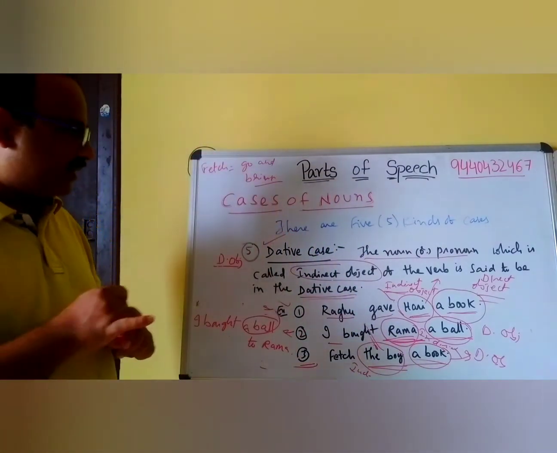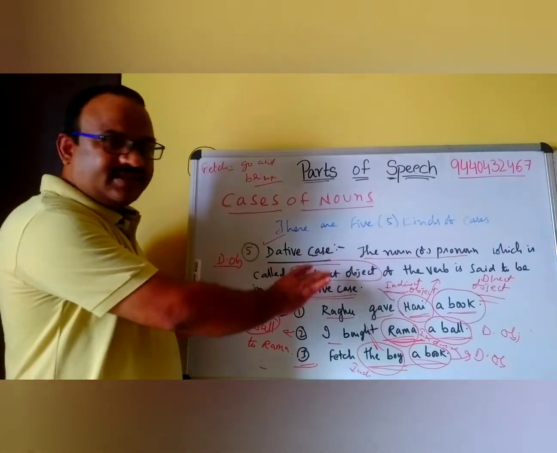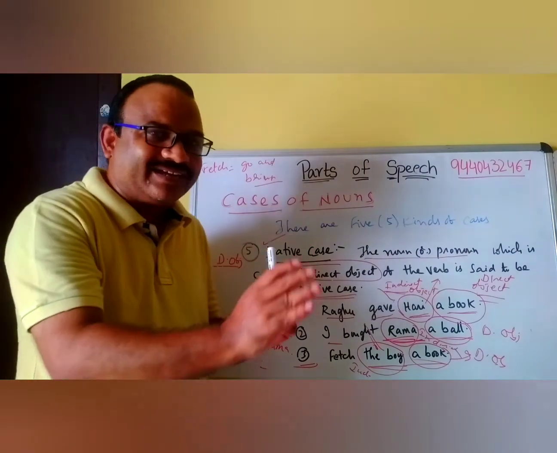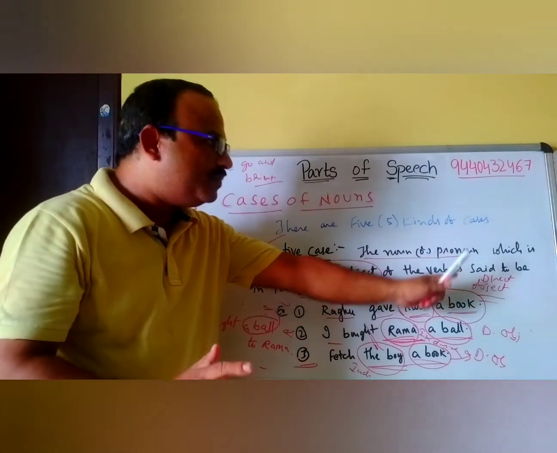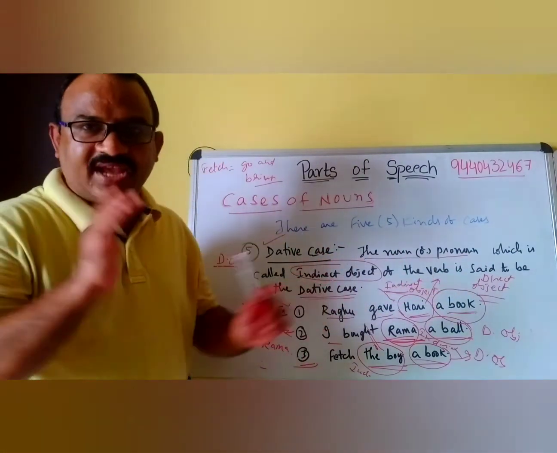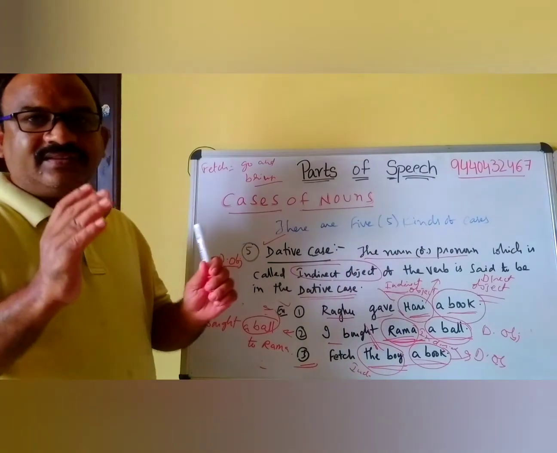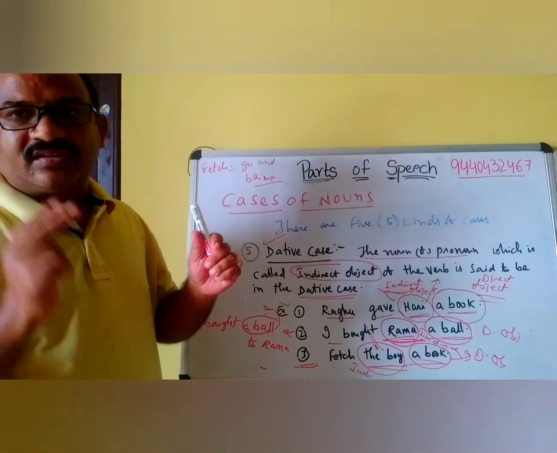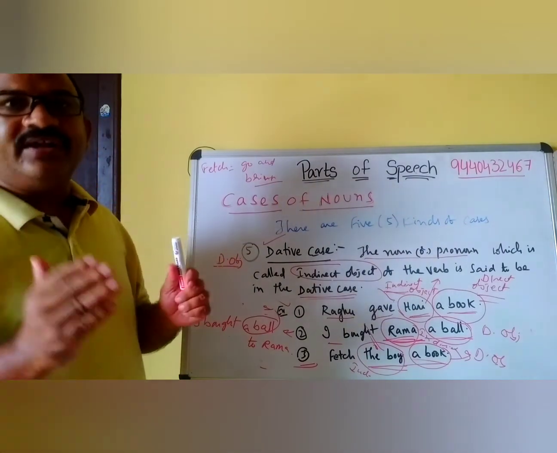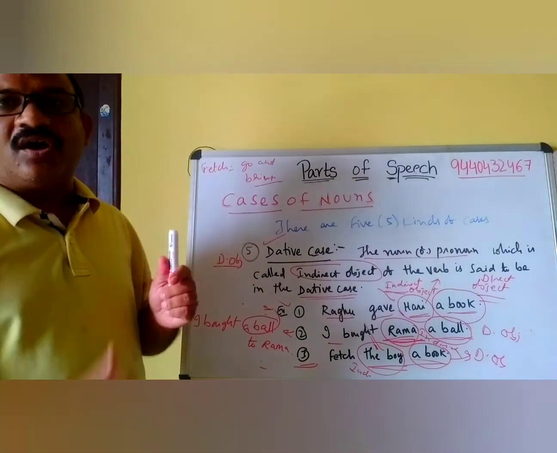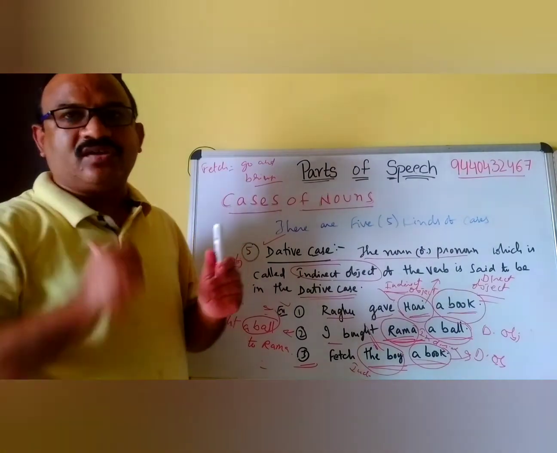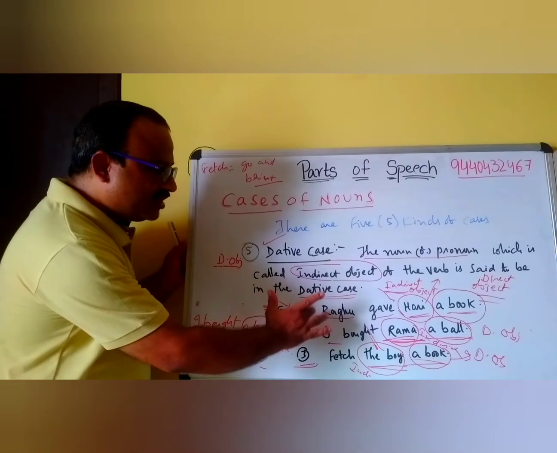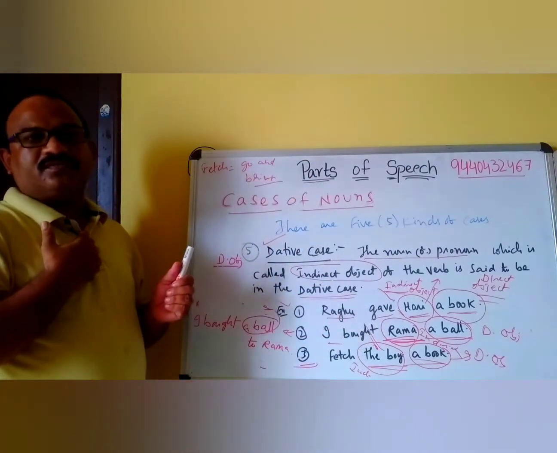Once again I am repeating. Dative case means the noun or pronoun which is called indirect object of the verb is said to be in the dative case. When in the given sentence there are two objects, just find out which one is direct object and which one is indirect object. For example, he gave me a book.